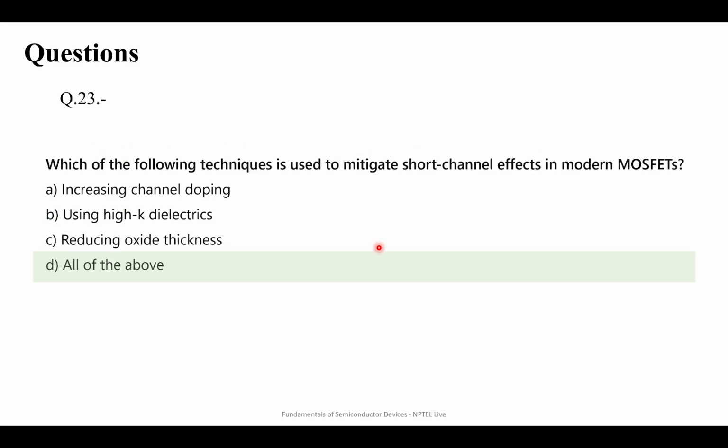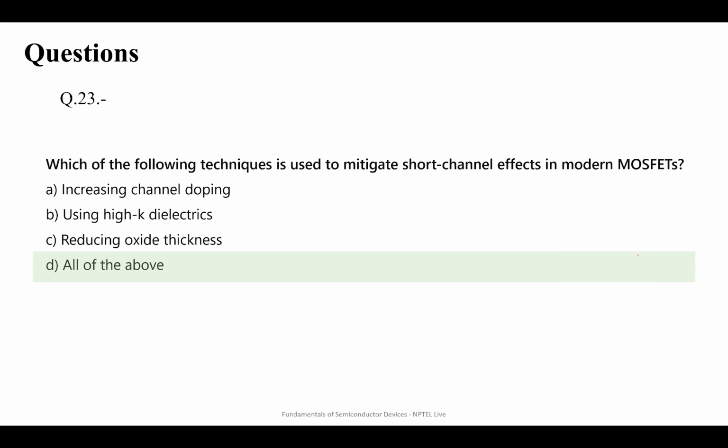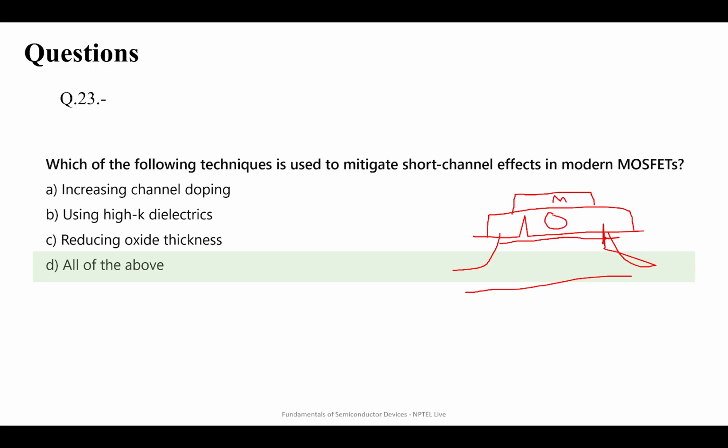So now let's talk about short channel effects. This is how a transistor is.